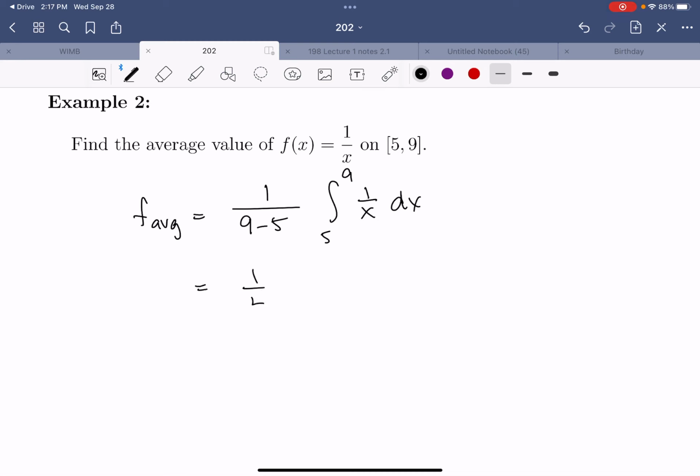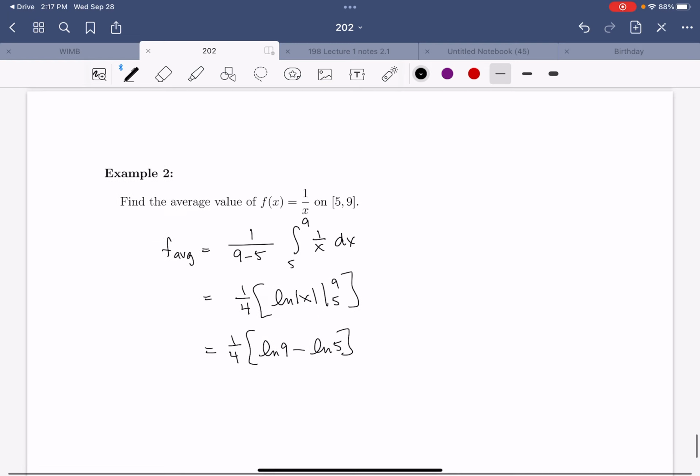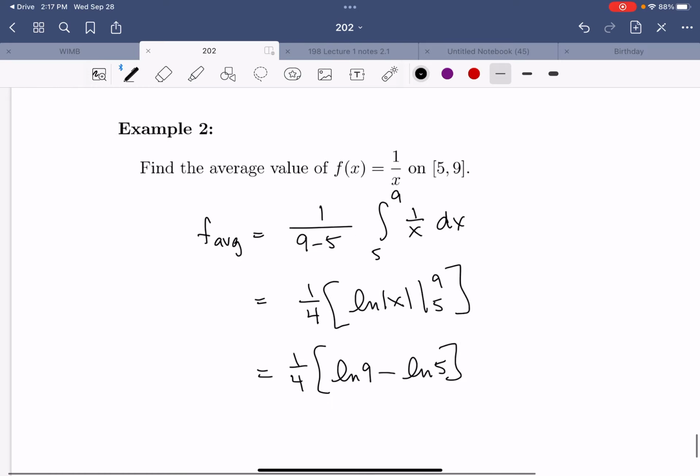That becomes 1/4, and your antiderivative here is going to be the natural log of x from 5 to 9. So you get 1/4 times the natural log of 9 minus the natural log of 5. I would leave it like that if you're entering it in WebAssign. If you want a decimal value, you can. But finding average values is as simple as taking 1 over b minus a times the integral from a to b of your function.